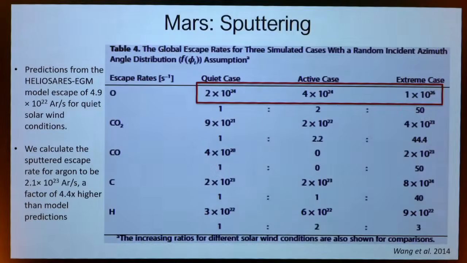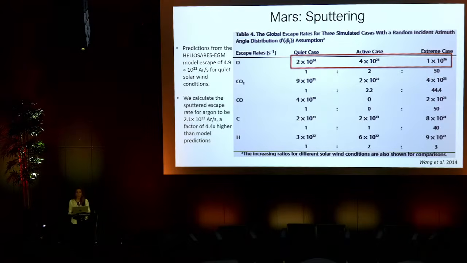So I will just point out, when we compared to the predictions of this using the LeBlanc models, we actually found that the escape rates we were seeing were about 4 times higher than previous predictions, and that's present day.